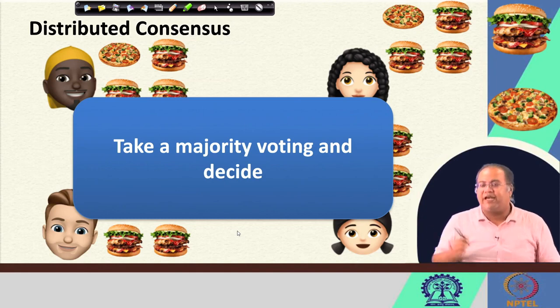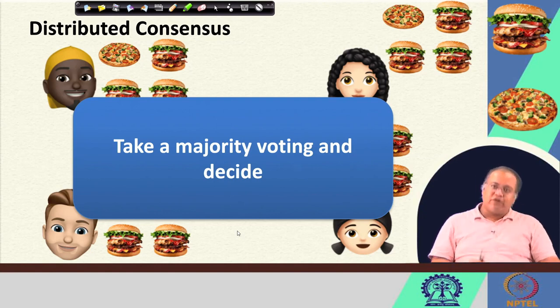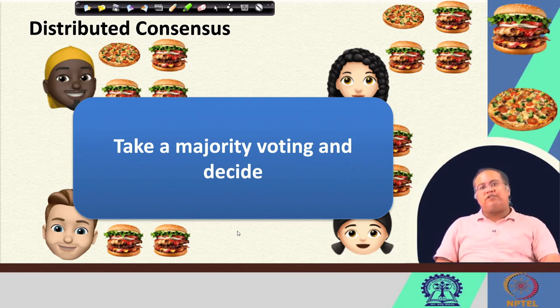In that case, such a distributed protocol works best. By making these phone calls you can reach a consensus, take the majority vote and nicely decide where to go. But our life is not this simple.